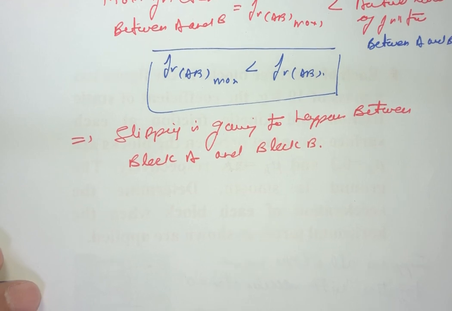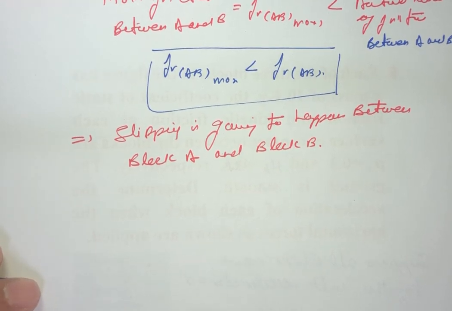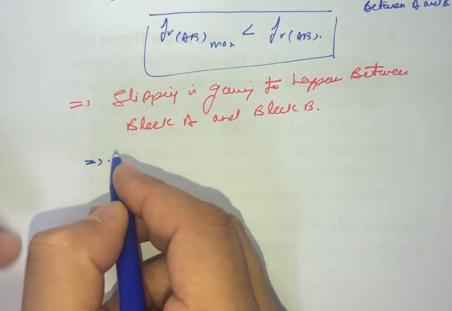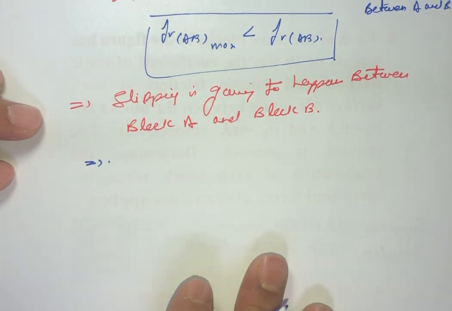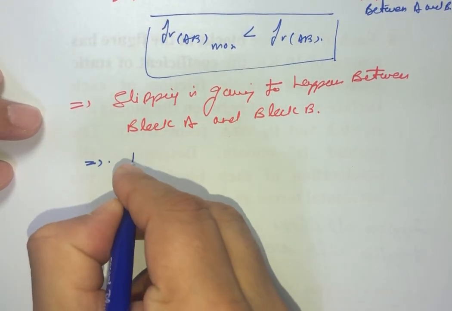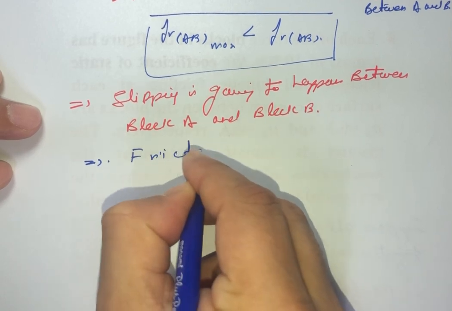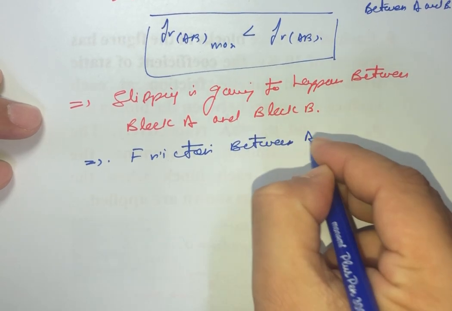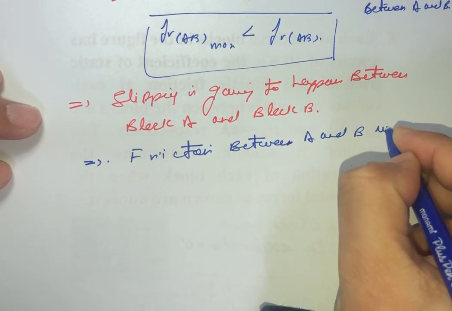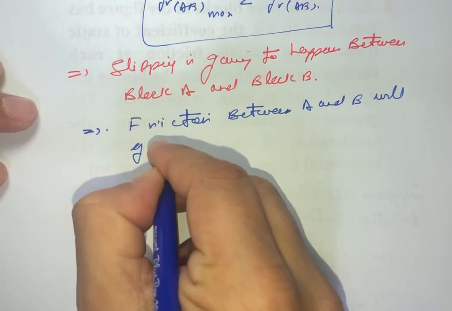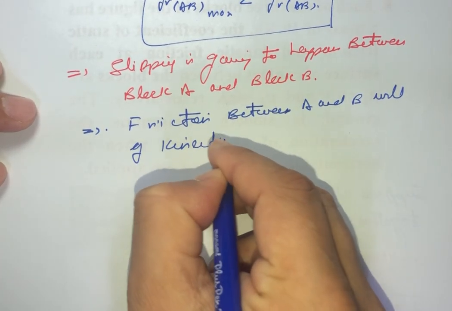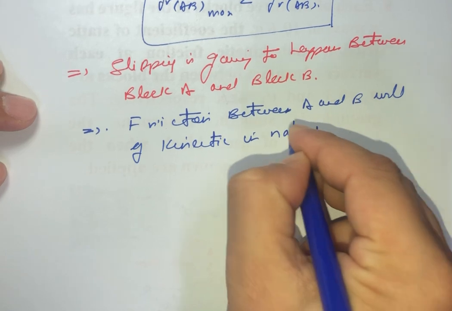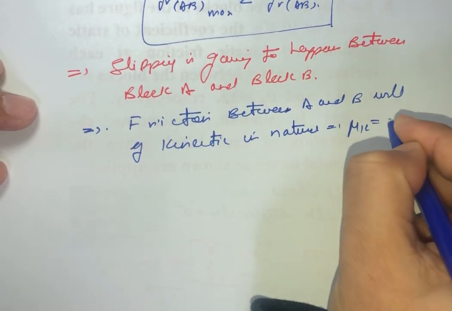Therefore, if slipping is going to happen, the nature of the friction will now be kinetic. With this we can say that friction between A and B will be kinetic in nature, or we can say mu k will be equal to 0.2.